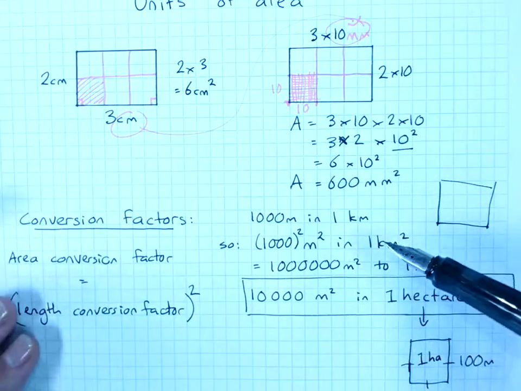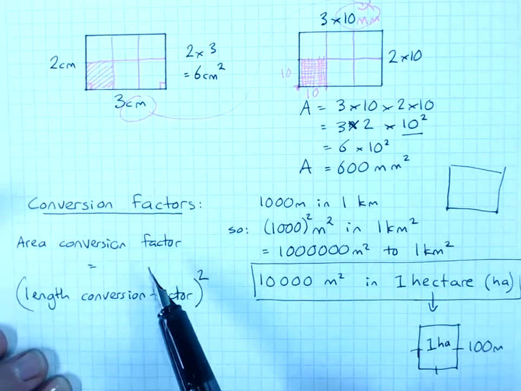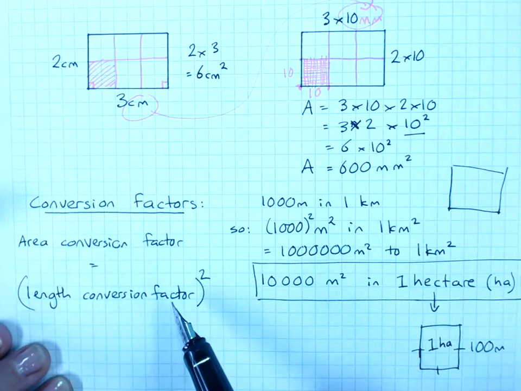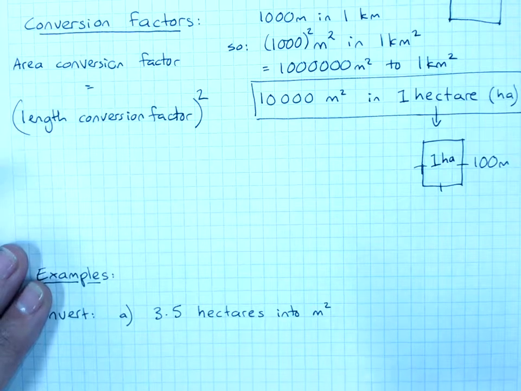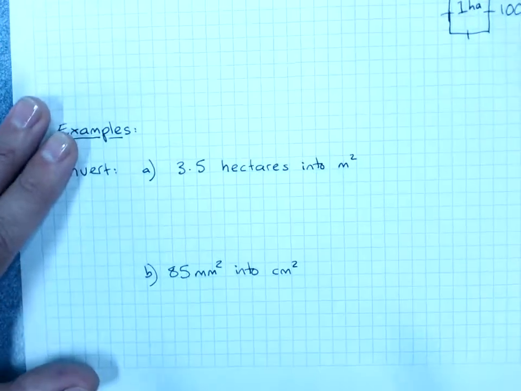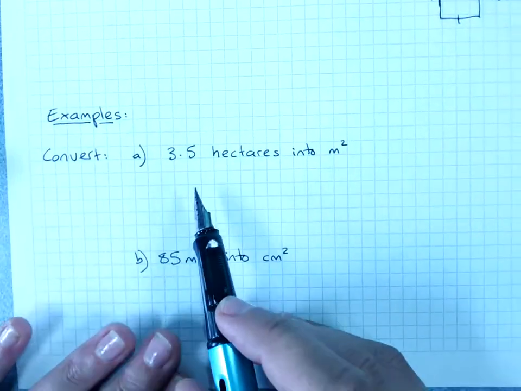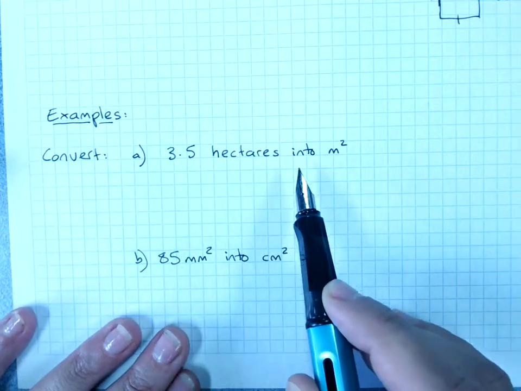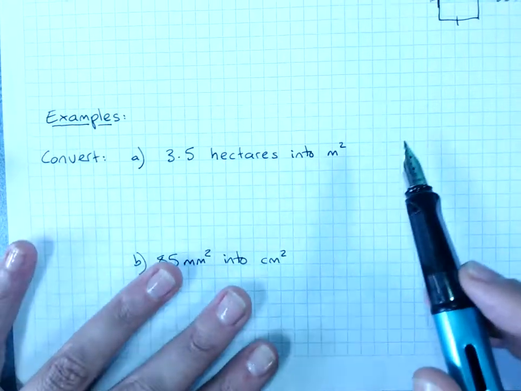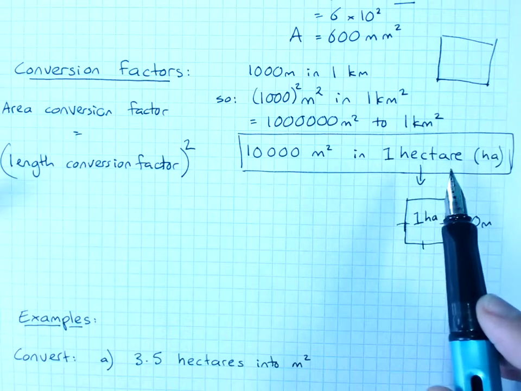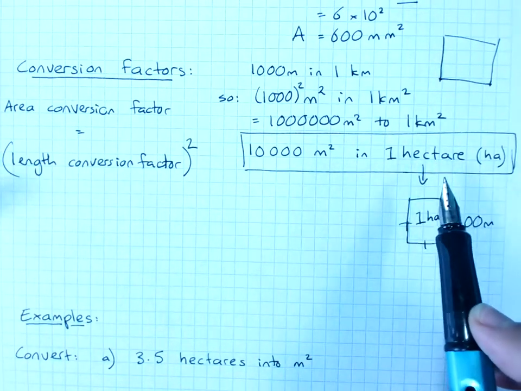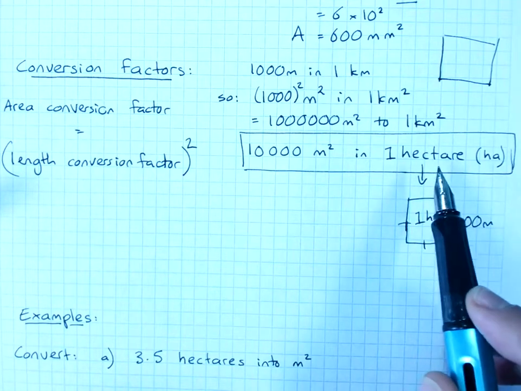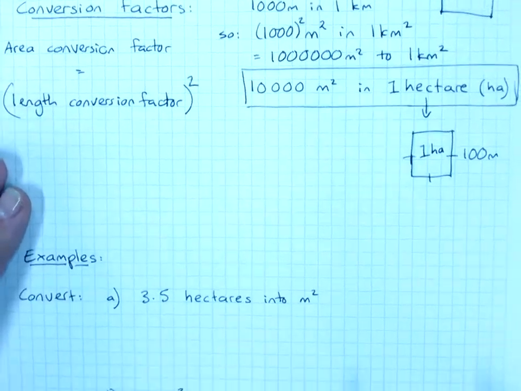Now I don't need to write down all the conversion factors because we get them by squaring the length conversion factor. So, convert 3.5 hectares into meters squared. We do have a conversion factor for hectares because I had to teach you that. Hectare is a unit of area. It's not anything to do with length, really.